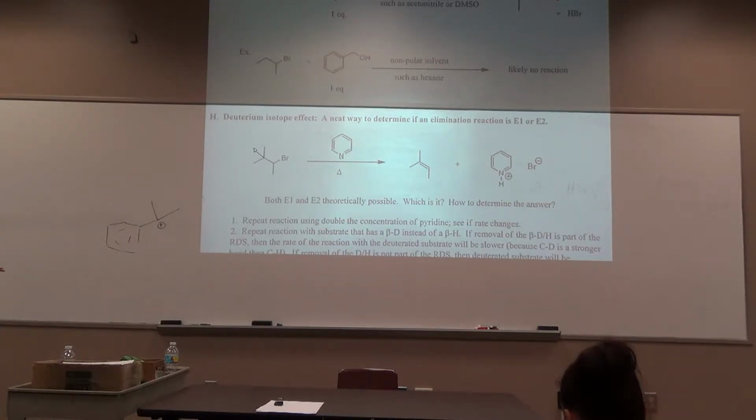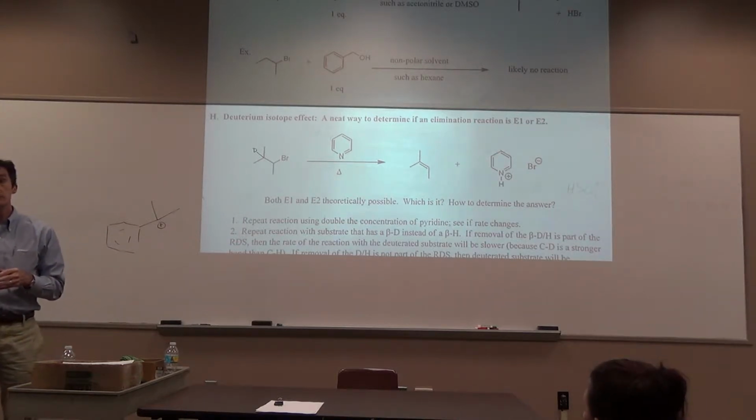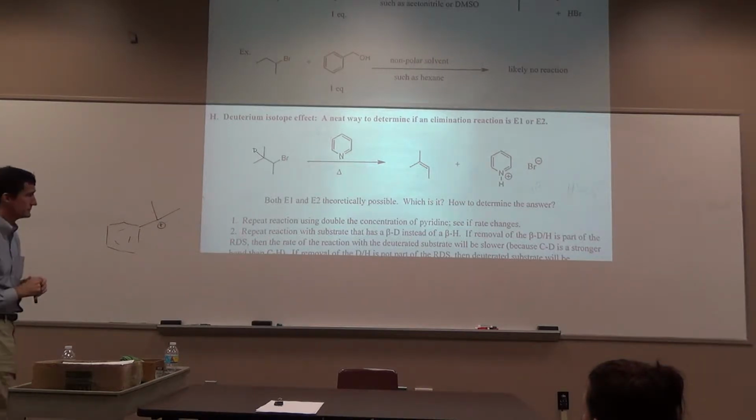Forming the carbocation. That's it. Then you remove the H in a fast step. What about E2? Is the H removed in the rate determining step? Yes, and E2 is all concerted. You remove the H, electrons move in, and the leaving group gets kicked off. So only in E2 is the H removed in the rate determining step.